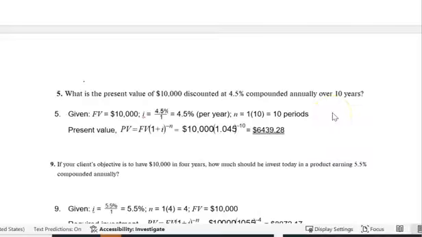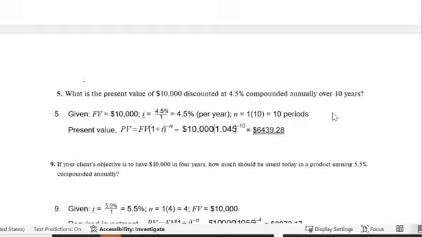So this one's telling us that we're going to invest some amount of money, and then in the future, it's going to be worth 10,000. So we know that that's the future value. So we need to figure out what the present value is. So how much money do we need to invest today that it's going to give us the 10,000?